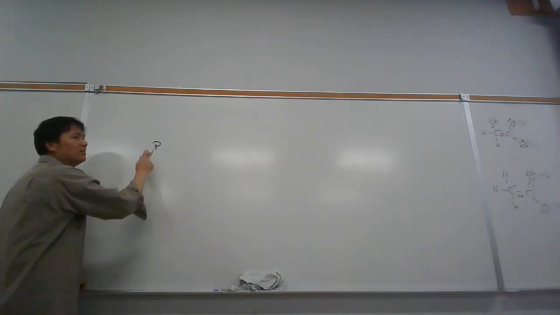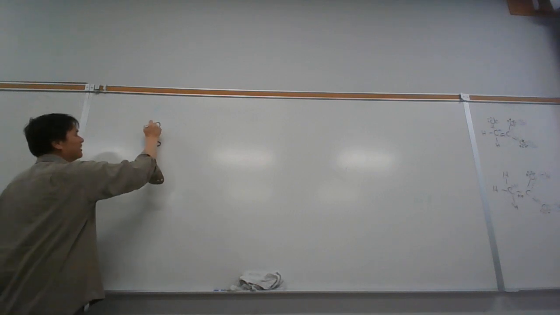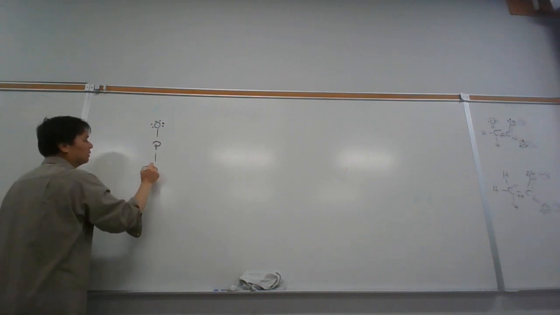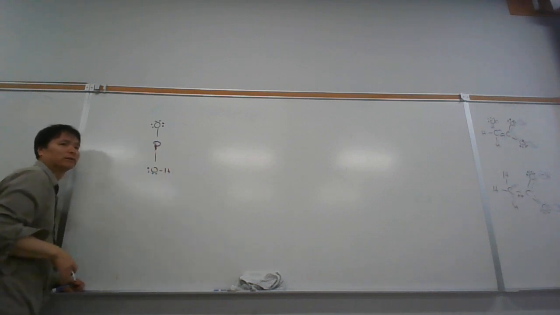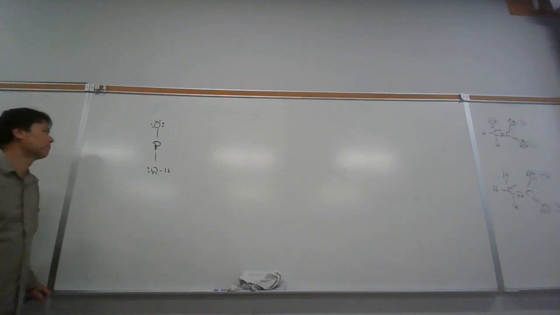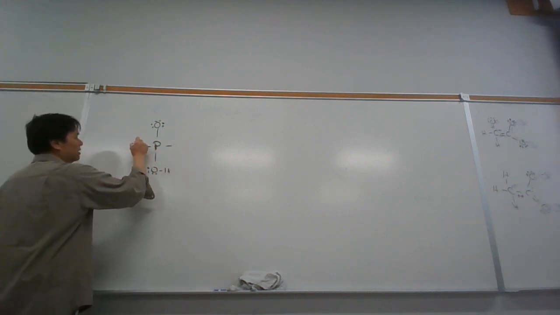But this phosphorus is also bonded to more oxygen. Are oxygens electron withdrawers or electron pushers? Electron withdrawers. And so that's going to change phosphorus. It's not a normal phosphorus, not an average phosphorus either, because it has all these oxygens trying to take its electrons.